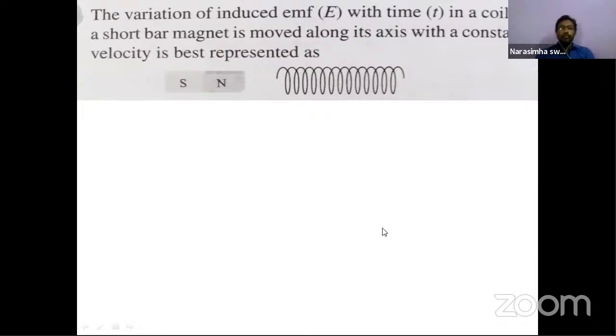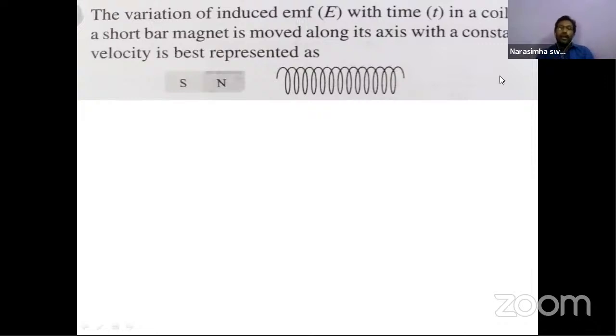It's very important because the induced EMF varies with time when the bar magnet is moved either towards or away. Look at this, the bar magnet has its N pole towards the coil or solenoid, and it is moved along its axis with a constant velocity. How can it be represented?